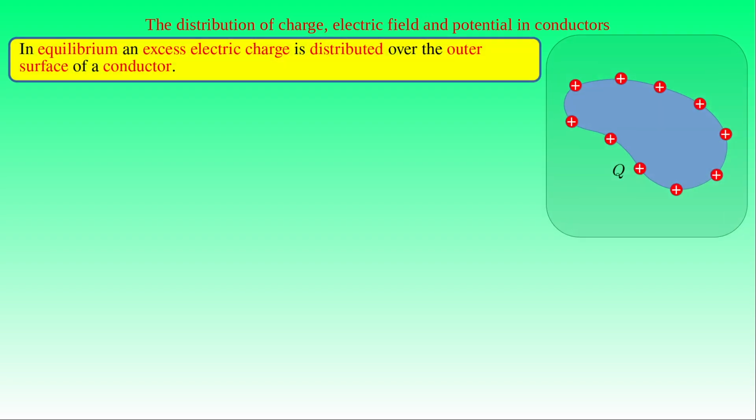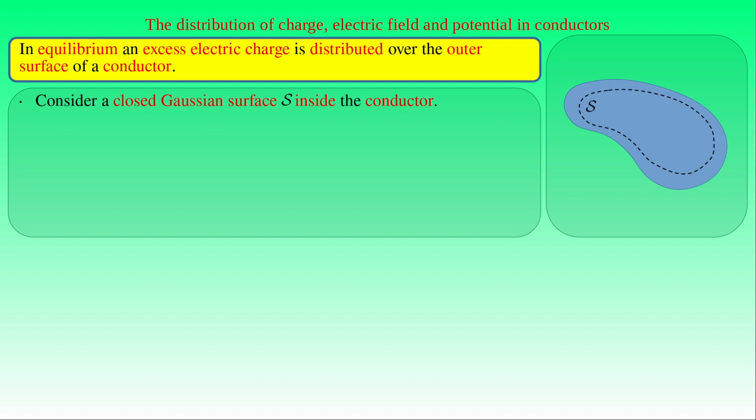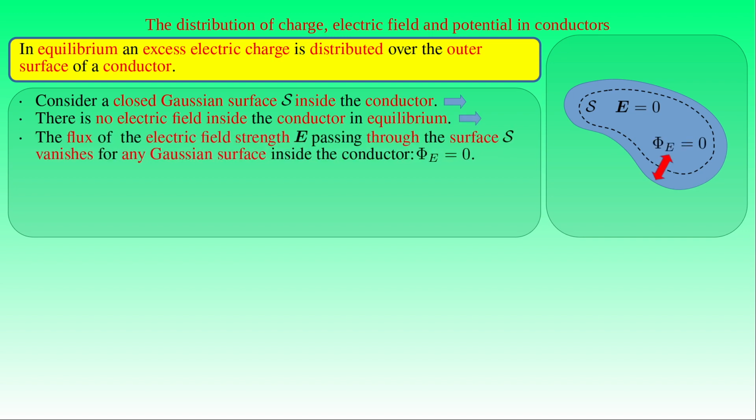We also have a third conclusion stating that in equilibrium an excess electric charge is distributed over the outer surface of a conductor. This conclusion follows from another thought experiment. Let us consider a closed Gaussian surface S inside a conductor close to its outer surface. Since there is no electric field inside the conductor in electrostatic equilibrium, the flux phi sub E of the electric field strength E passing through the Gaussian surface S vanishes.